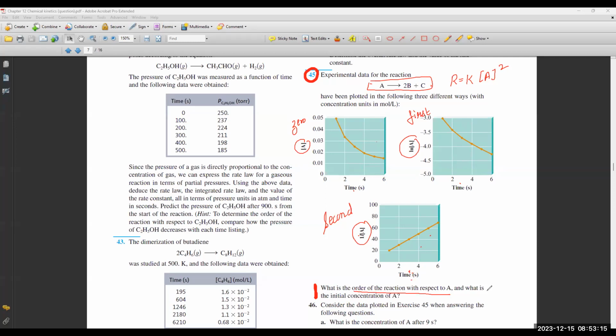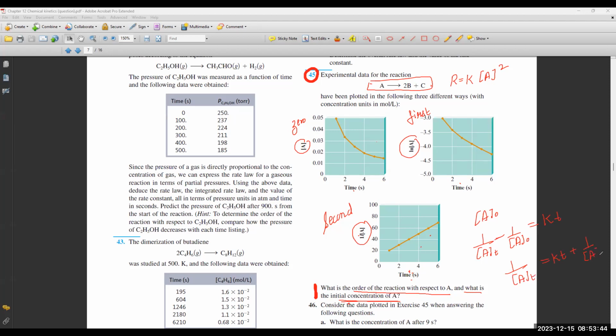Is it okay? But there is a very important question. What is the initial concentration of A? They're asking A naught. You know the rate law. 1 over A t minus 1 over A naught is KT. You can rearrange it: KT plus 1 over A naught.